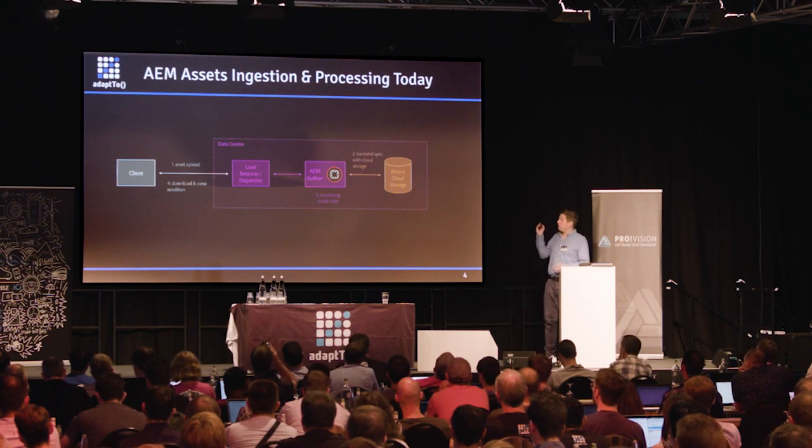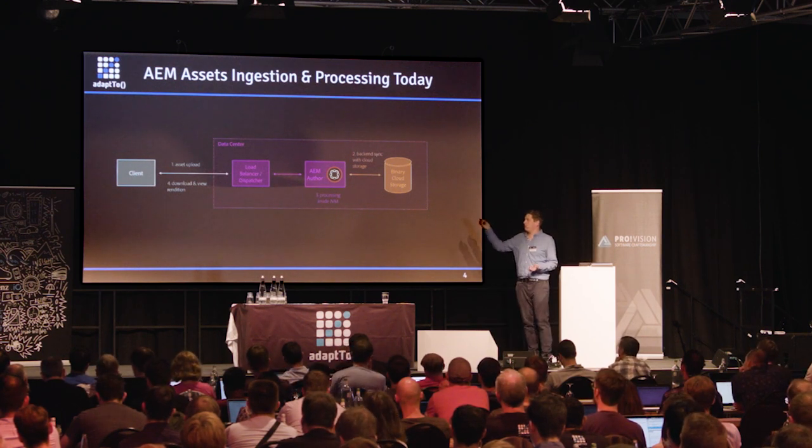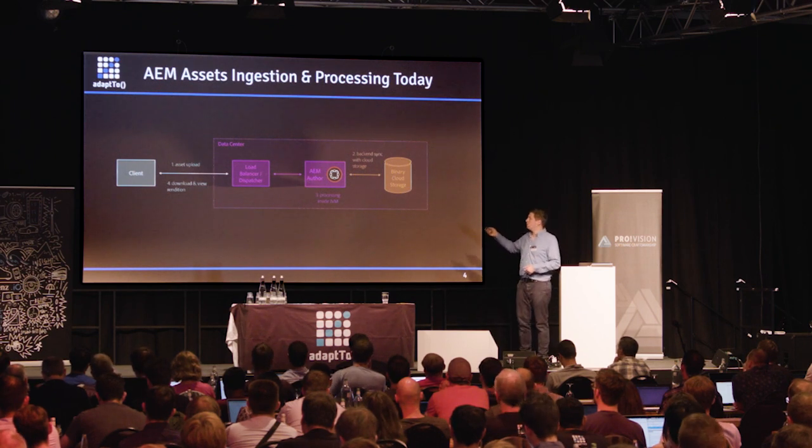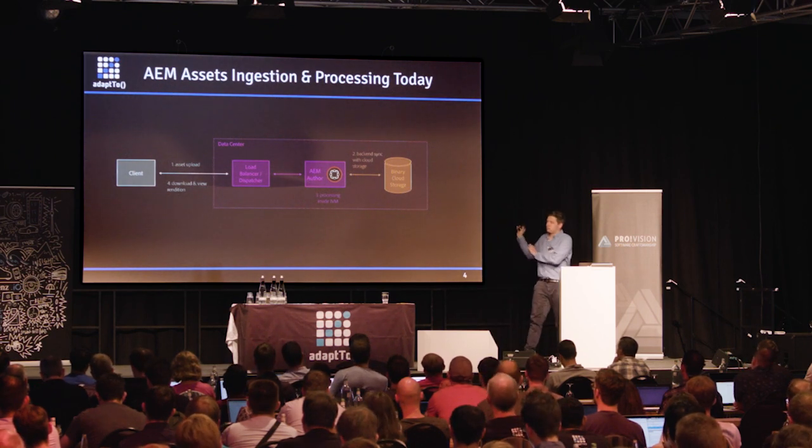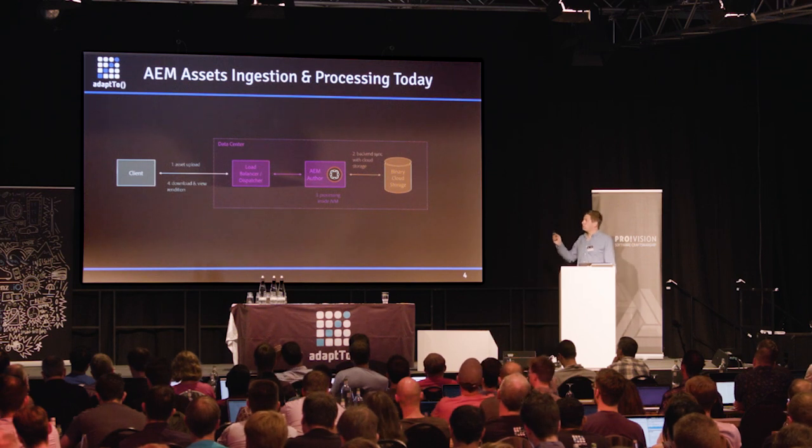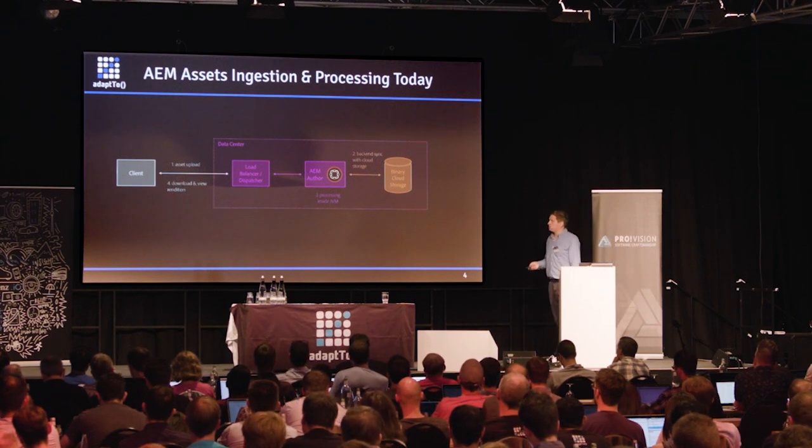You've got your AEM deployment, so this shows an AEM assets or an AEM authoring instance. So not talking about publish here. And you might have a load balancer or a dispatcher in front of it, or maybe not. And that's deployed somewhere, possibly in the cloud and AWS or so.